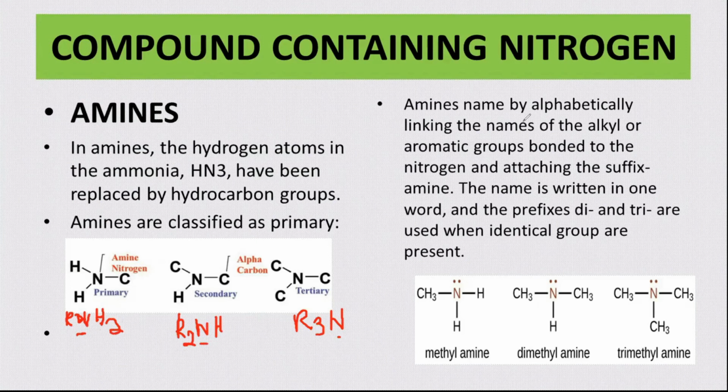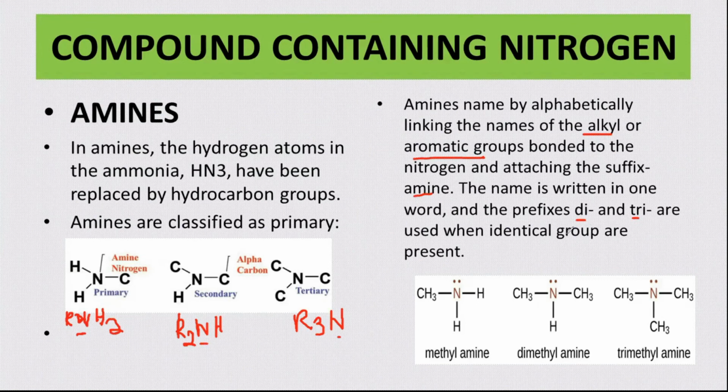Amines are named by alphabetically linking the names of the alkyl groups or aromatic compounds bonded to the nitrogen, attaching the suffix amine. The name is written in one word, and the prefixes di and tri are used when identical groups are present. So same lang, syempre, if one, we don't use mono, right?